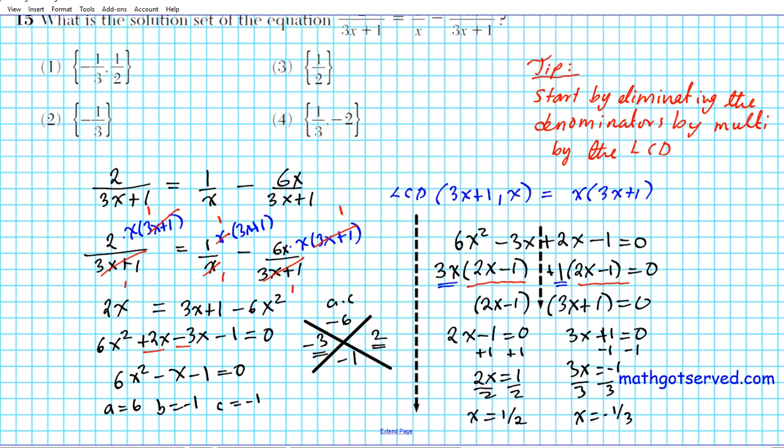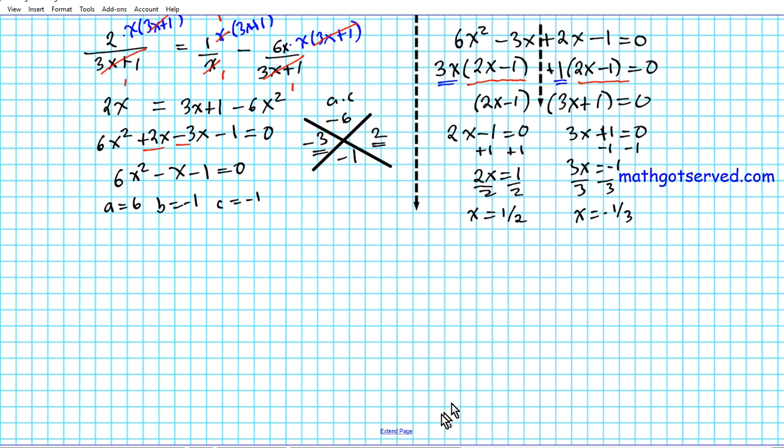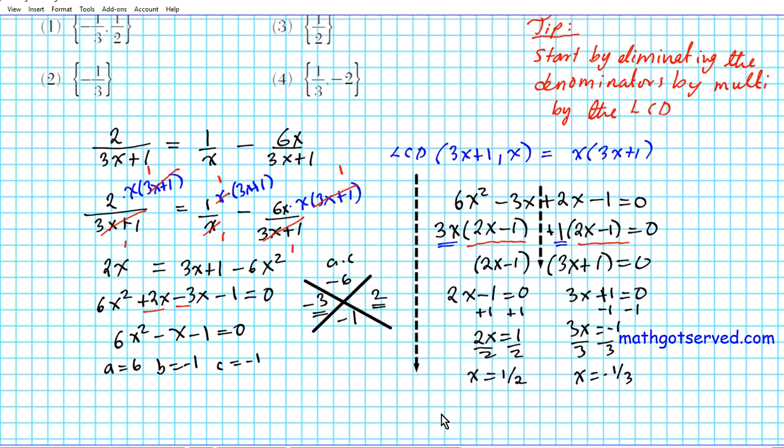All right, so our solutions for this problem are what? Our solutions in set roster notation are 1/2 and -1/3, right?